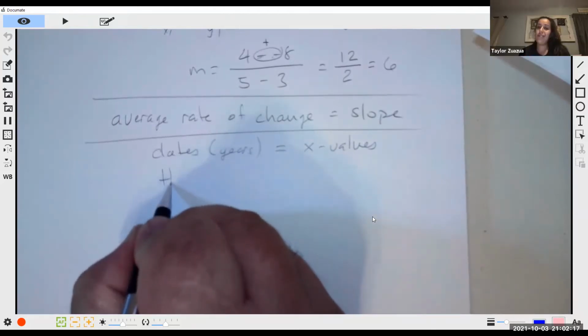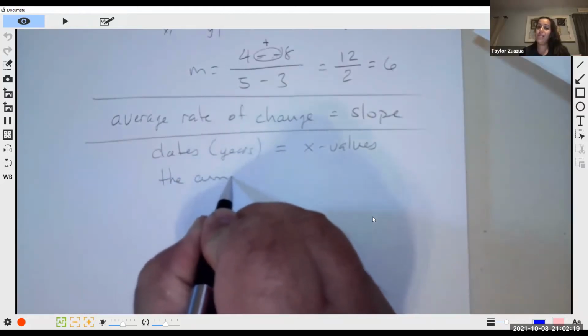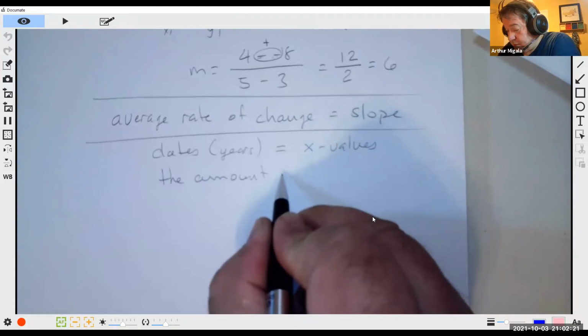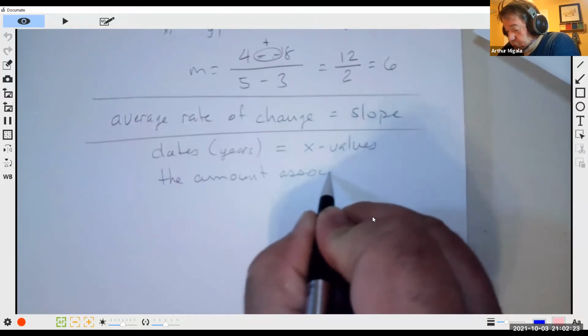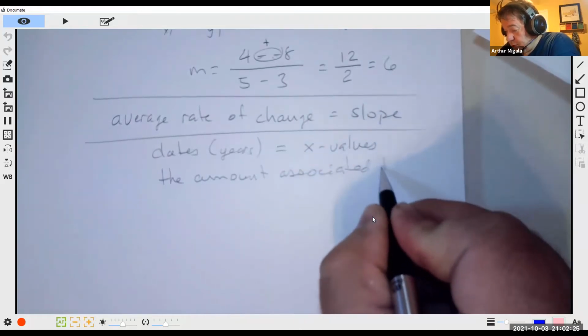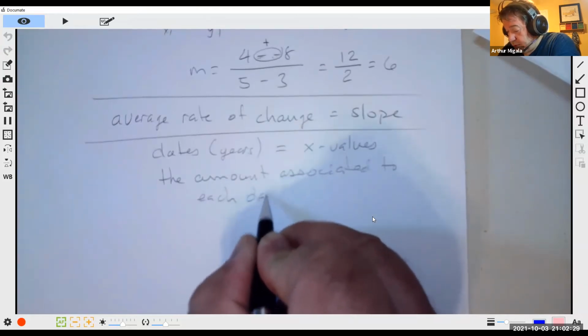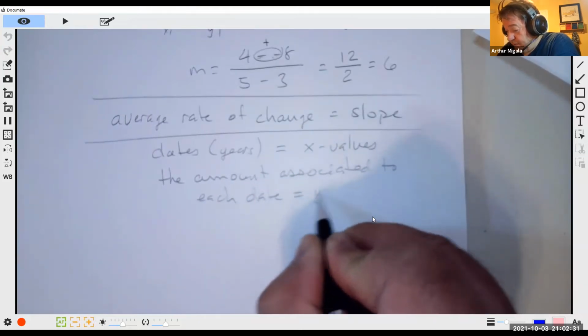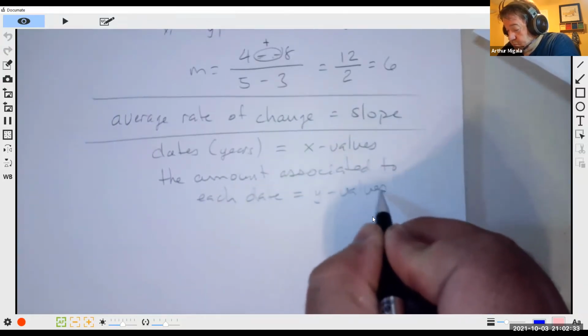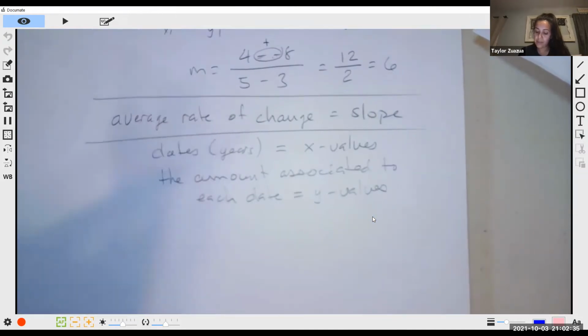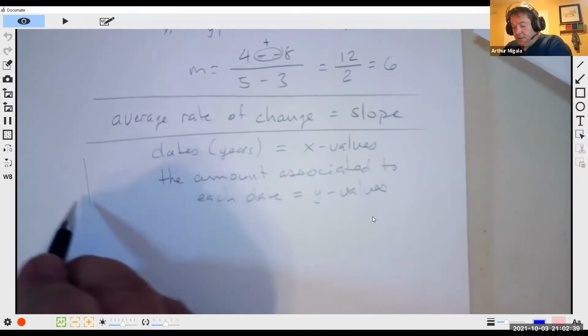I did it wrong. That's why I did it wrong. The amount associated to each date equals your y values. Oh, see, I did it backwards. That's why I wasn't getting it.